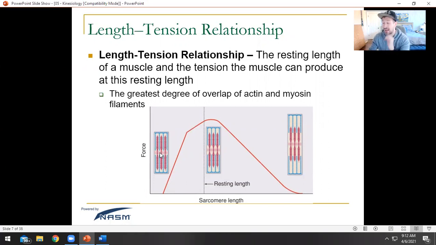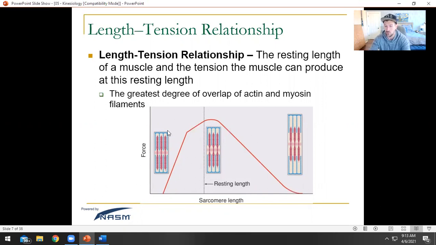This muscle's pretty much maxed out, so it can't generate very much force because there's nowhere else for it to contract. We know that muscle contractions happen because actin and myosin form cross bridges and crawl across each other, creating that sliding action. Well, if the sliding's already occurred, I can push all I want, I'm not going anywhere. They're already crossed over.